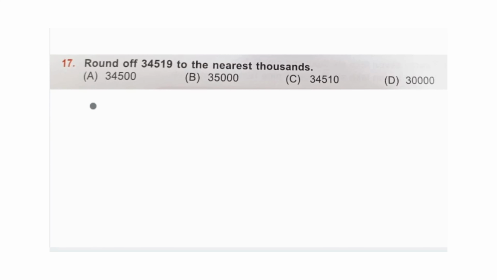Let's write down the number first, which is 3, 4, 5, 1 and 9. So this is our units place or ones place. This is tens place. This is at the hundreds place. 4 is at the thousands place. Okay, and 3 is at the 10,000s place value.